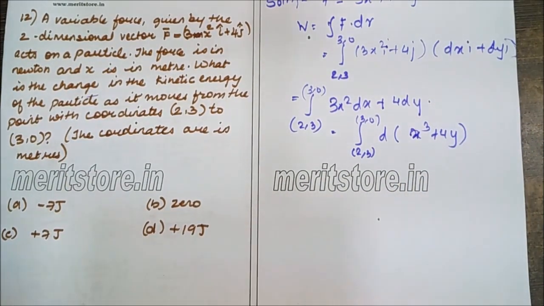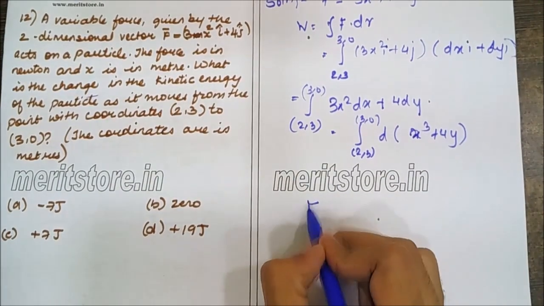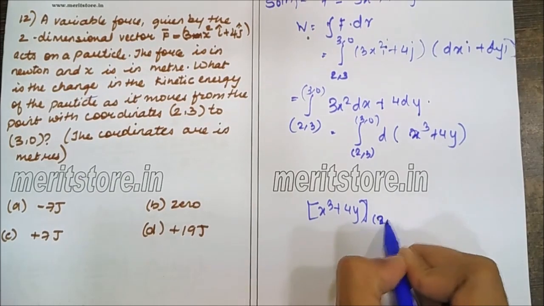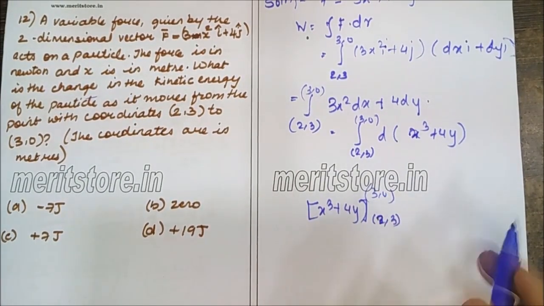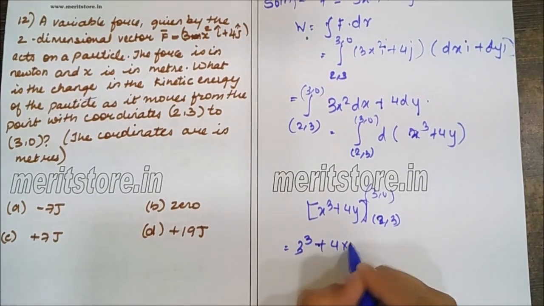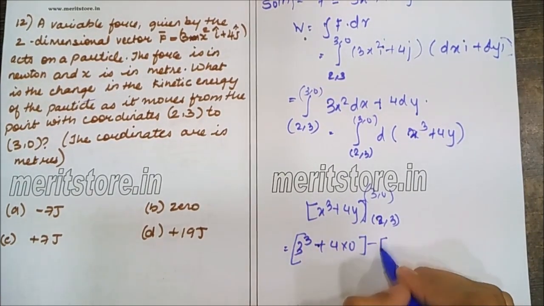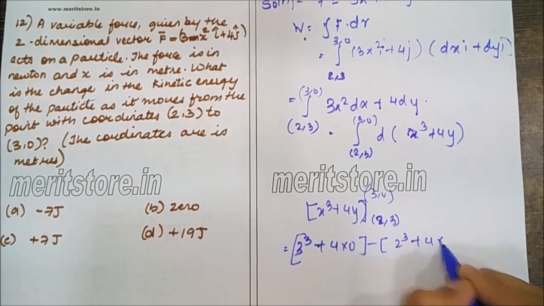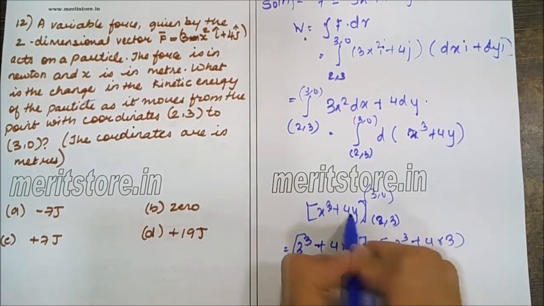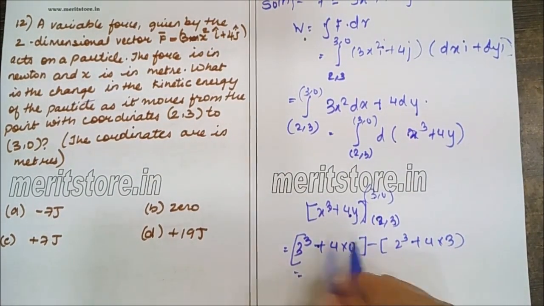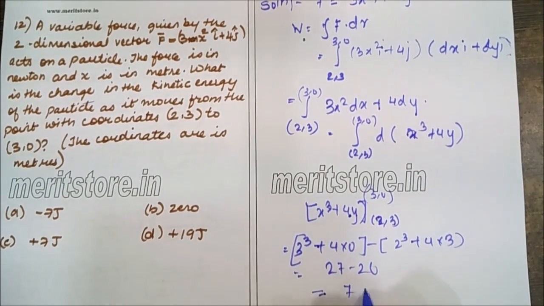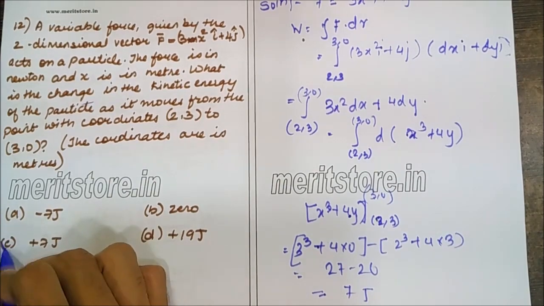Now applying the coordinates, 3 cube plus 4 into 0 minus 2 cube plus 4 into 3, once for x and once for y. Solving this, we get 27 minus 20, which equals 7 joules. So plus 7 joules is the answer.